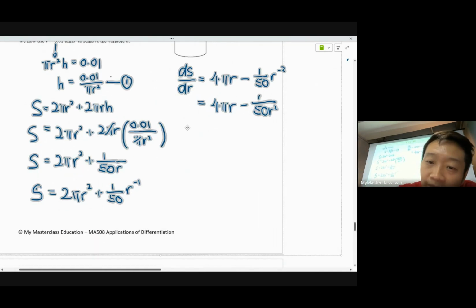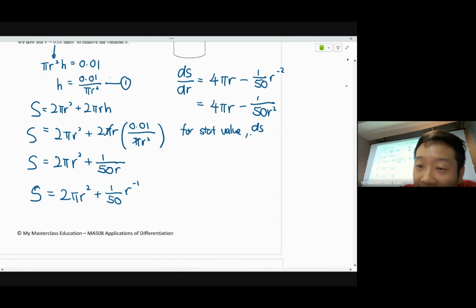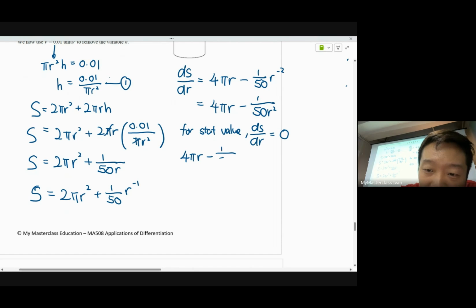Next step. For stationary point, ds over dr equals to 0. Then this kind, you always write down 4 pi R minus 1 over 50 R square equals 0. Bring the negative over: 4 pi R equals to 1 over 50 R square.